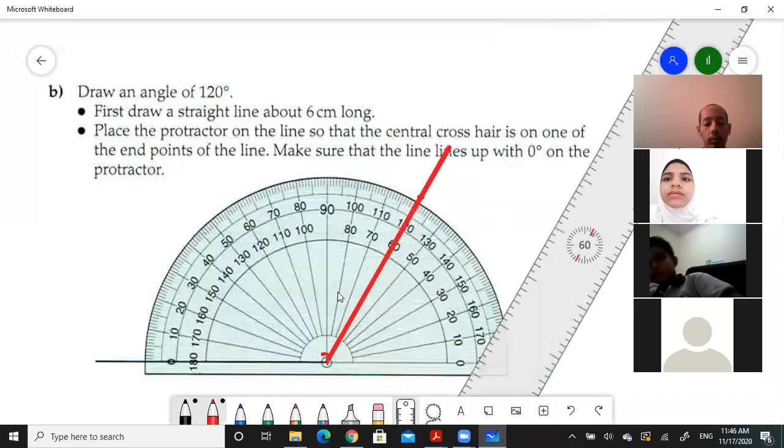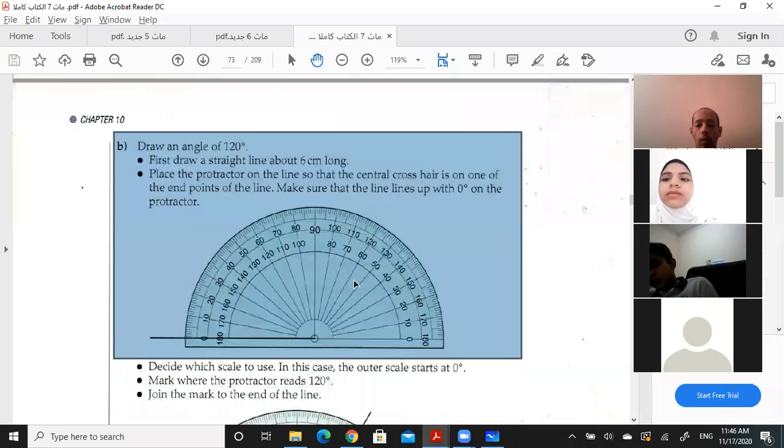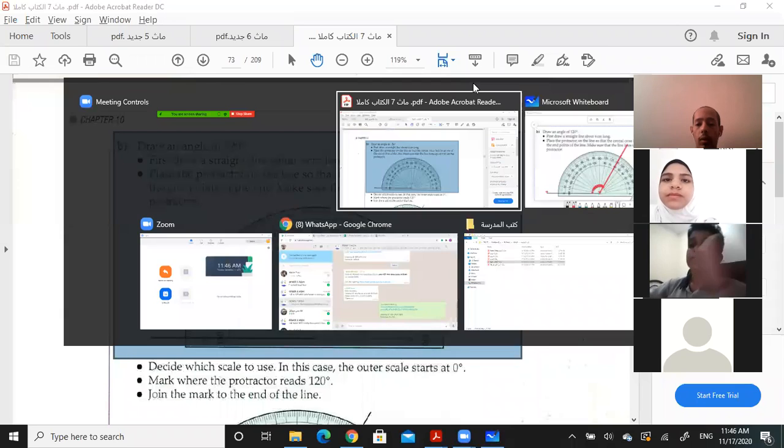So where is the angle? This one. So this angle is 120 degrees. Clear?